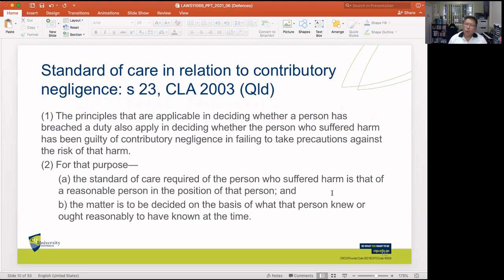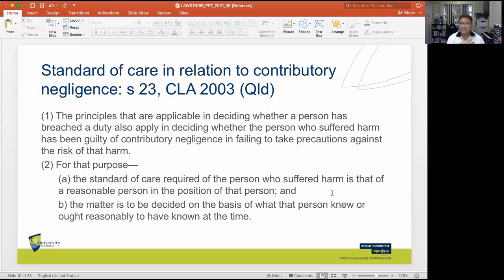Now, when we speak of the standard of care in relation to contributory negligence under Section 23 of the Civil Liability Act 2003, Queensland, remember, we're not talking of the standard of care by a defendant towards the plaintiff. We're talking of the standard of care expected of a claimant, somebody who suffers harm.